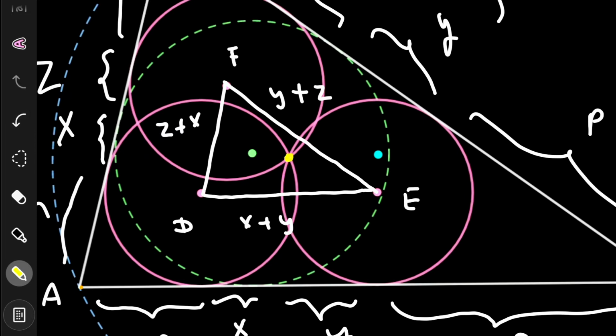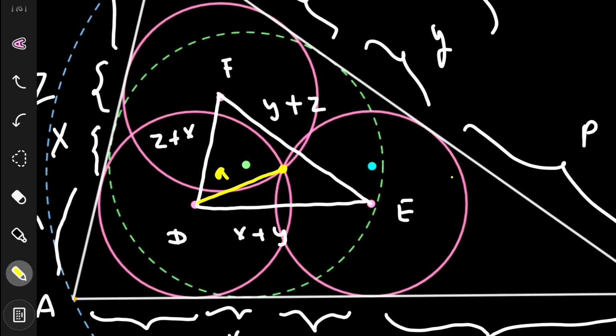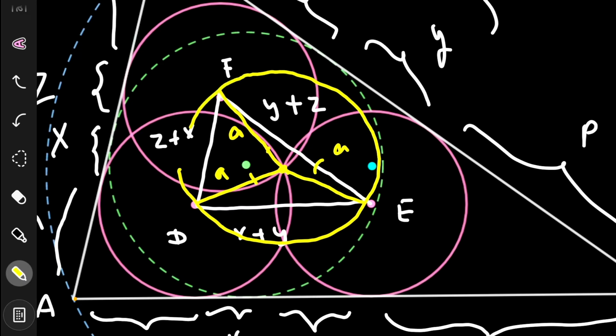Now if I draw a line segment from the point D to this point, it is going to be the radius of this pink circle, hence it would have a value A. Now from the perspective of this pink circle, if I draw a line segment from this point to point A, it is going to be the radius of this circle, hence it would again have a value A. Similarly, from the perspective of this top pink circle, a line segment from the point F to this particular point of intersection is the radius of this circle, hence it would again have a value A. Now we can say that inside a triangle we have a point, and from this point the distance to the corners is equal, hence this point is the circumcenter. So using that point we can simply draw a circle, and that is going to contain all the 3 points of this triangle.